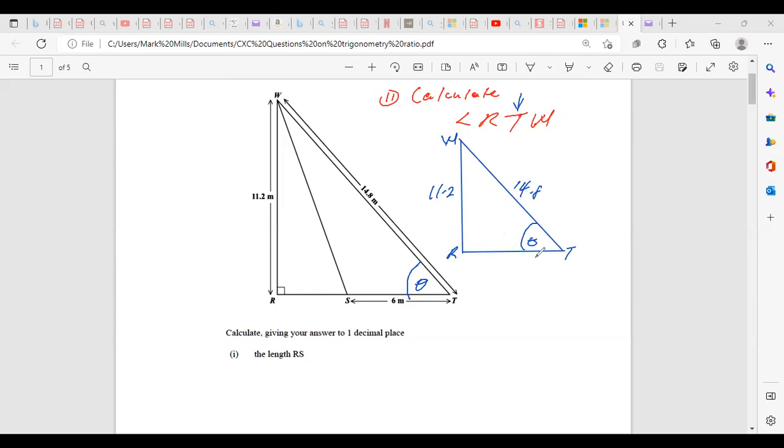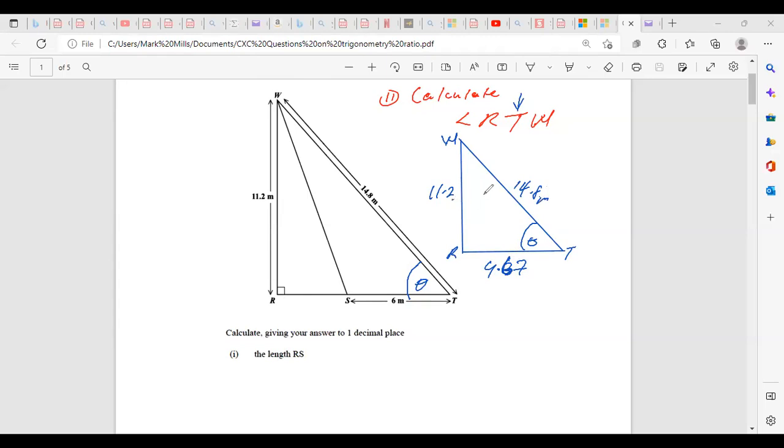What do we get for RT? Anybody can tell me? 9 point what? What was the value for RT? 9 point what? 9.67. Oh, okay. You're low, man, I can hardly hear.